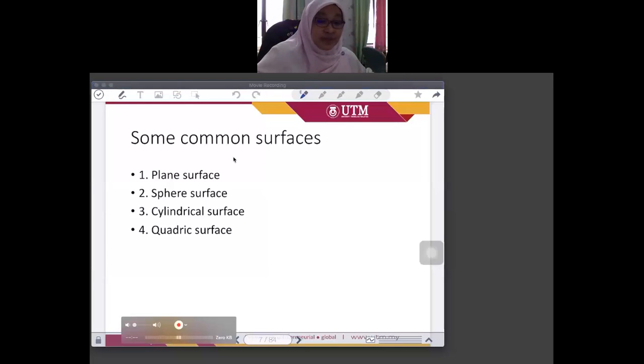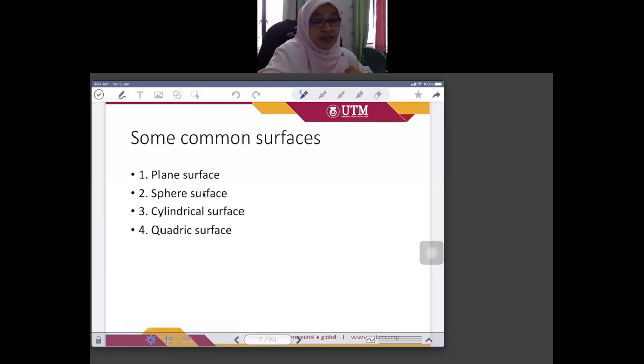Here the surface that we will sketch is a plane surface. What is a plane surface? Can you give me an example of a plane surface or flat surface?